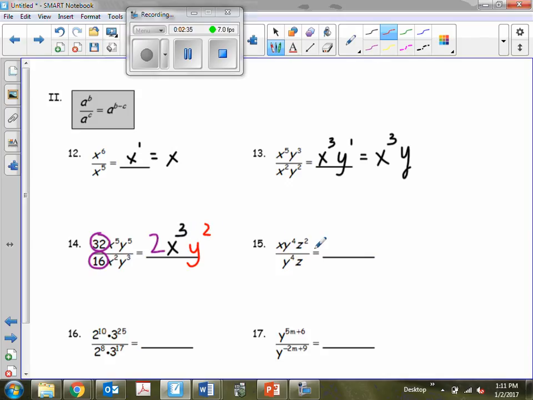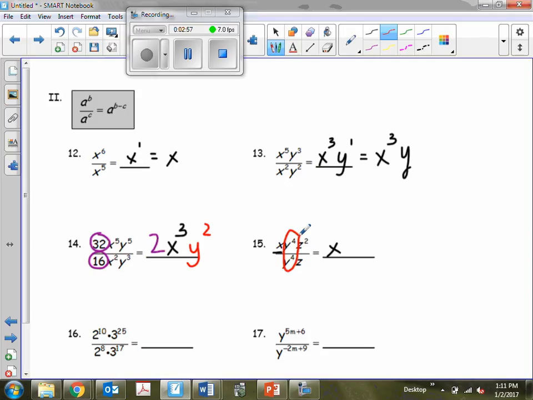Now if we take a look at number 15, I see that I do have a base of x, but there is no other x, so x just becomes part of the answer. But if I take a real close look at my y's, something special is going to happen. I have y to the 4th over y to the 4th.